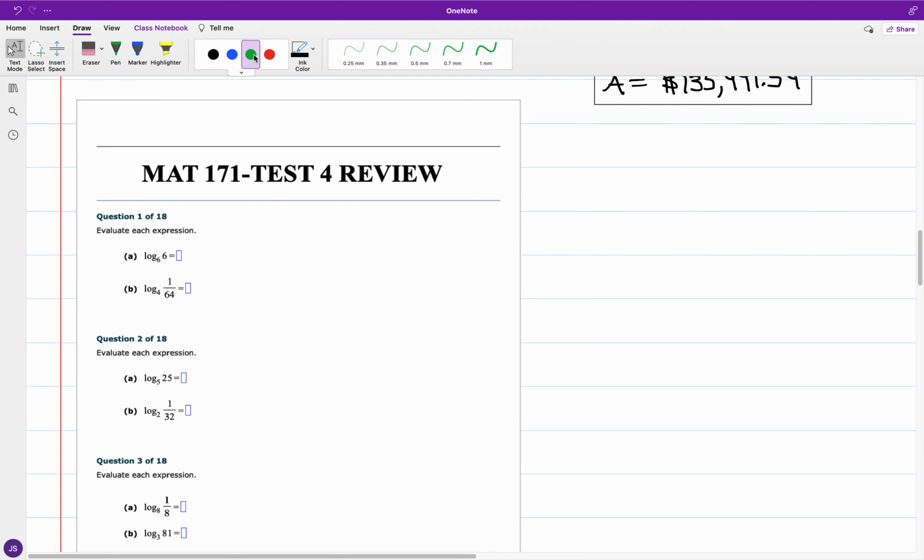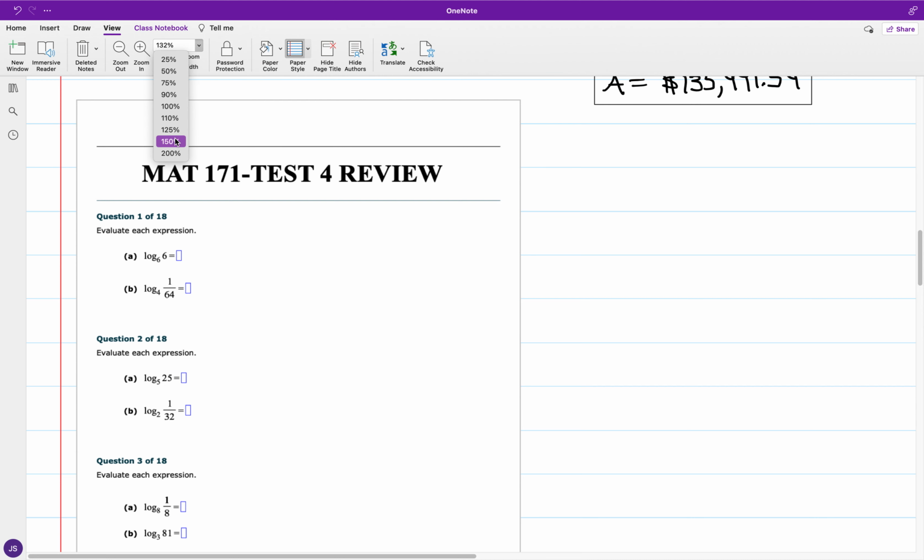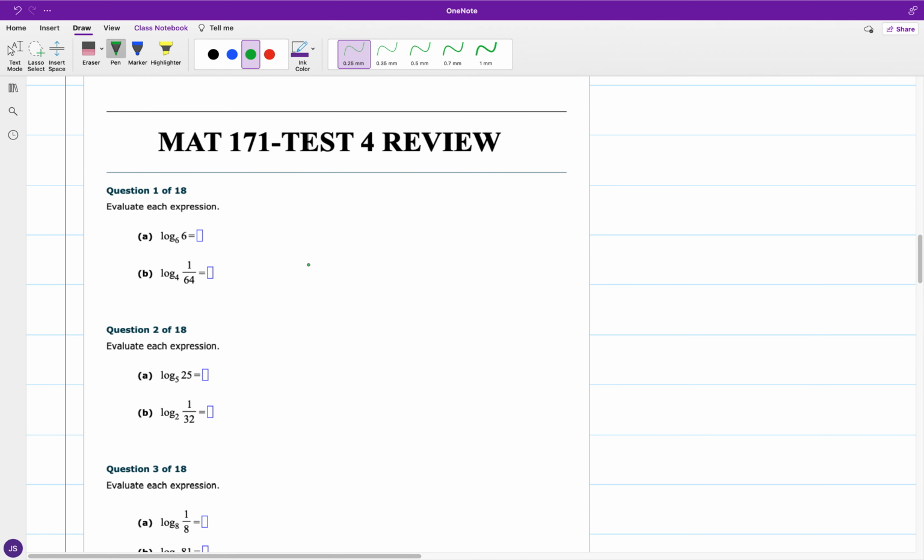And for the first page, we're looking at evaluating logarithmic terms. With these first parts, again, this is going to revert to our first mentioned logarithmic property where the base a logarithm of a to the x is equal to x. In the first item, we have the base 6 logarithm of 6.